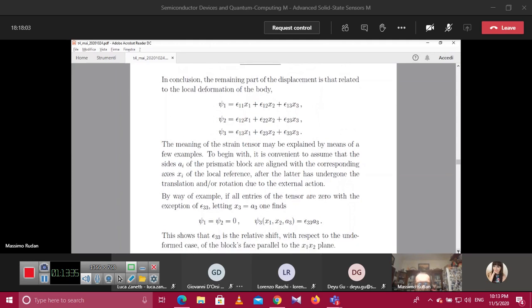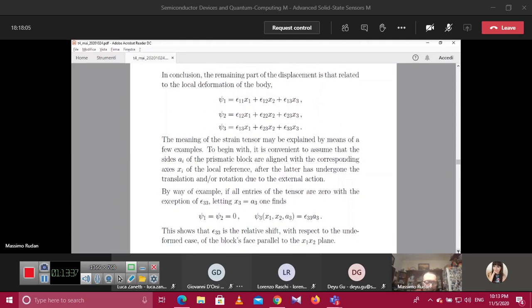Now let's take some special example of deformation. Assume, for instance, as a first possible example, that we want to consider a deformation that takes place only along the third axis. So we assume that the deformation is 0 along axis number 1 and axis number 2.